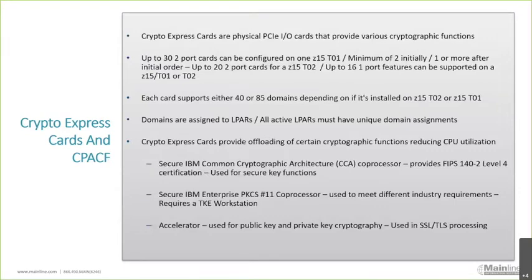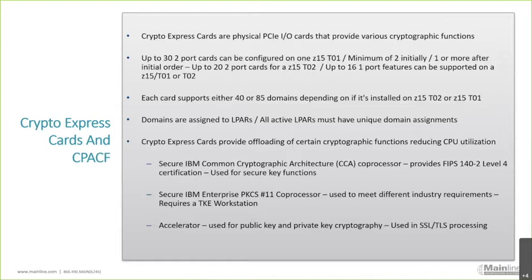What we're going to concentrate on today are the Crypto Express cards, which are actually PCIe I/O cards that also provide a lot of different functionality around cryptography. On a z15 you can have up to 30 of these cards on the larger z15, and up to 20 on the smaller z15.